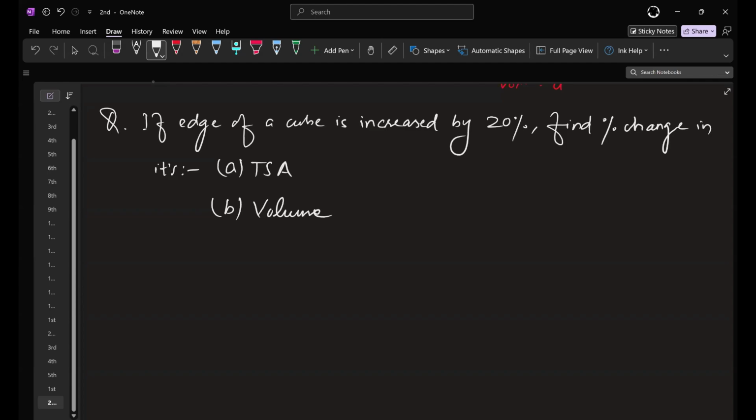I guess you have to calculate the percent change. 176%? I don't think that is the answer, but we'll see. What about the volume? Oh, TSA is actually 44. Okay, 44.